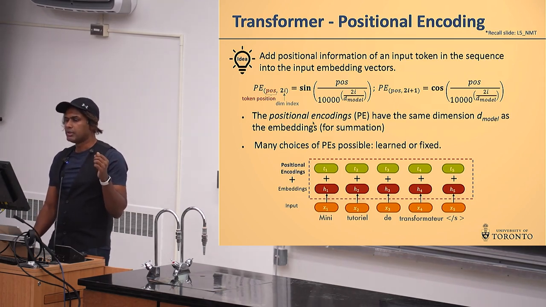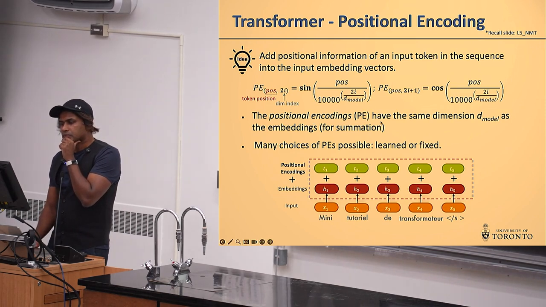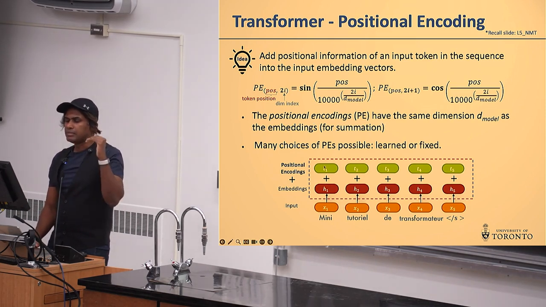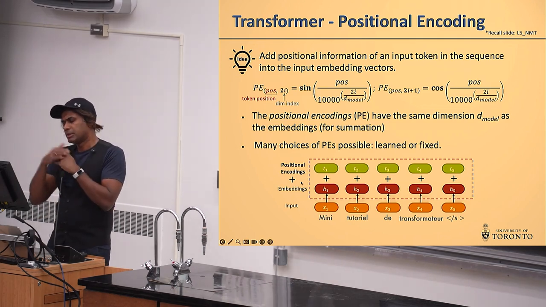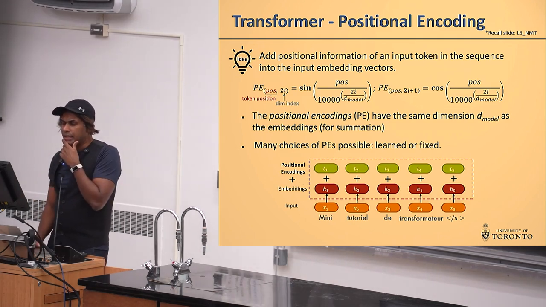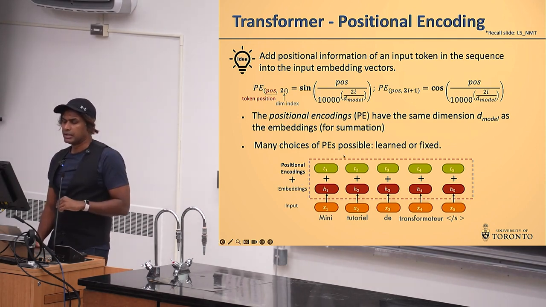The way we do this is by adding oscillating sinusoids to each dimension position. Then we slap the positional encoding on top of the embeddings. You can also concatenate it, but people tend to add it. And whatever output you get, you feed that to the encoder block.